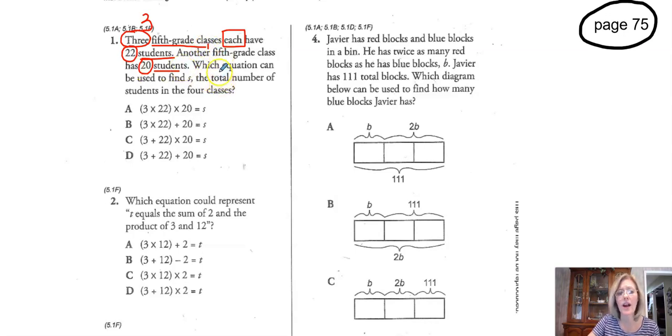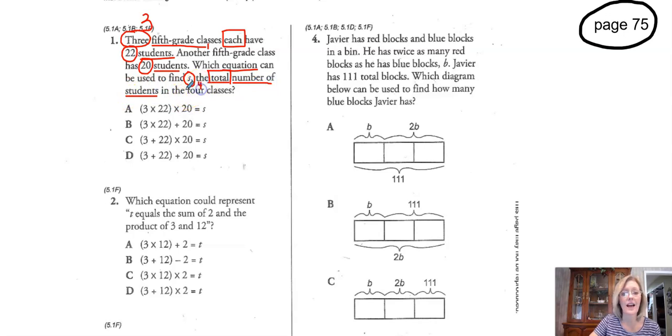Let's look and see what they're asking. Which equation, an equation has to have an equal sign, can be used to find S, the total, there's another word that we need to box up, the total number of students in the 4 classes.